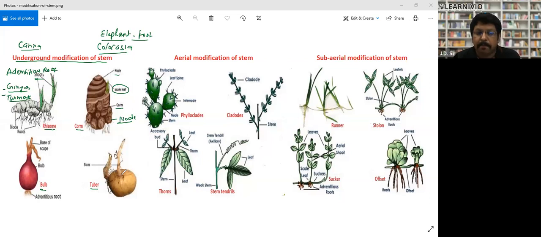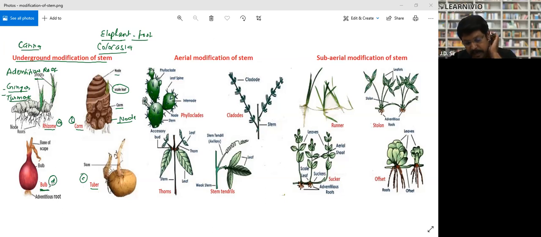Next, bulb. Sorry, not bud, bulb. So A was rhizome, B was corm, C was tuber, and D, underground stem, is bulb.